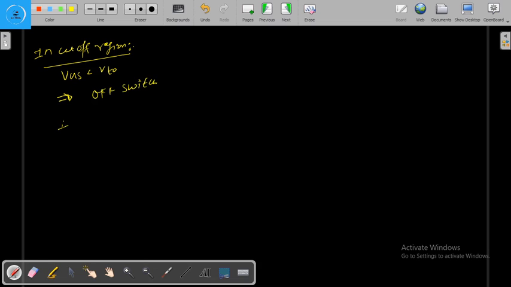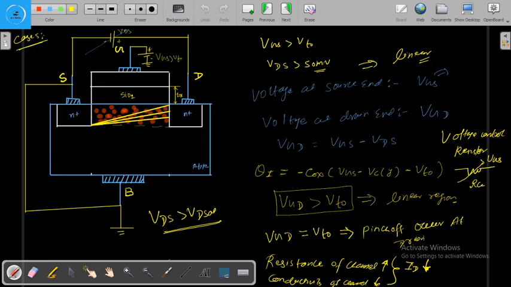Okay, in the linear region, the condition for the linear region is VDS is less than VGS minus VT naught. We have seen that this is the condition for the linear region.